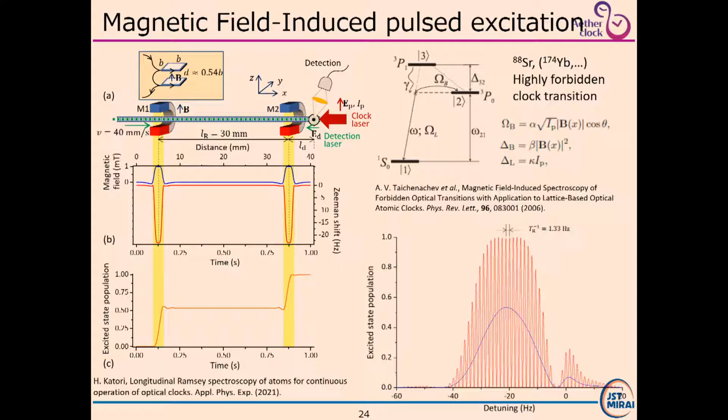Then here, atoms freely evolve. Then, when the atom passes through the magnet, it gives another pi over 2 pulse. And we will see a Ramsey fringe like this.